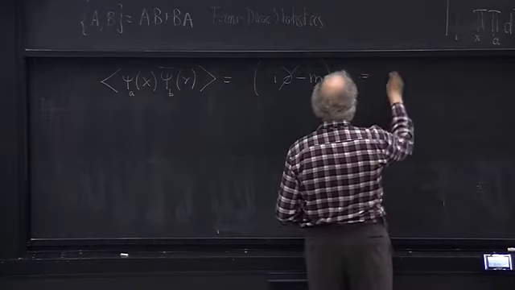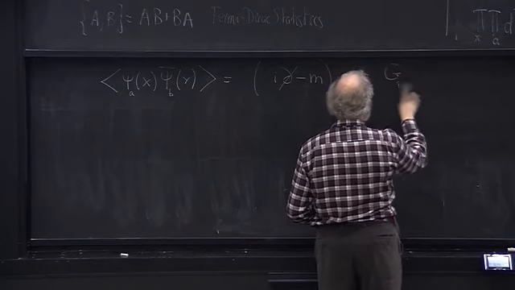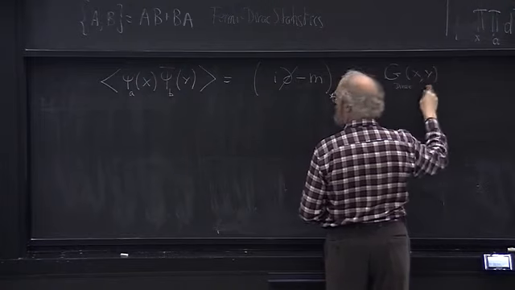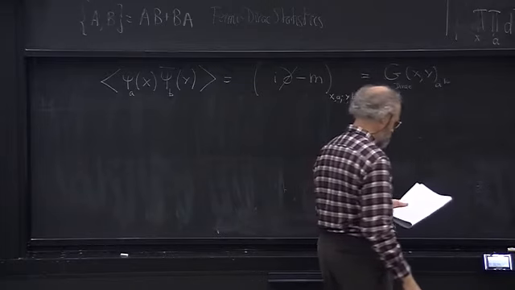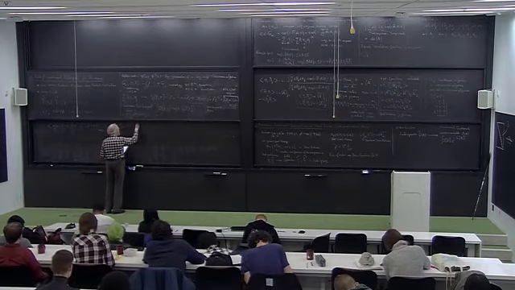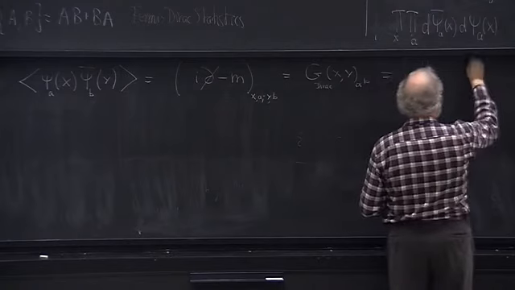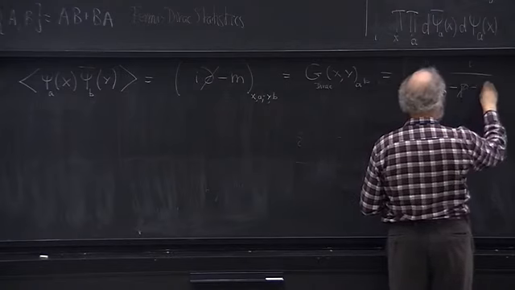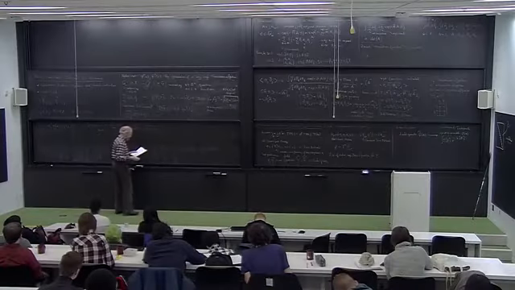So this is just the Dirac propagator between x and y and the matrix element a and b. Which means that this is, in Fourier transform, the integral d4p over (2 pi)^4, and if I'm not mistaken, i divided by p slash minus m minus i epsilon, because by Wick rotation everything.